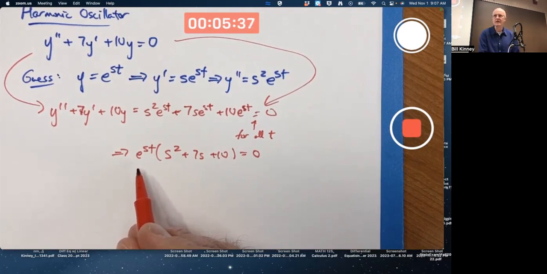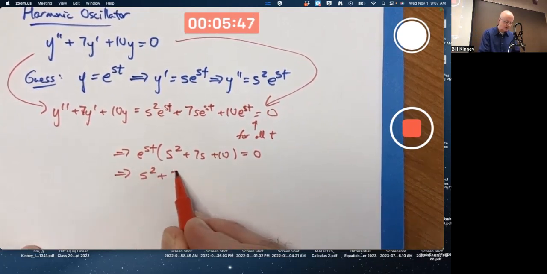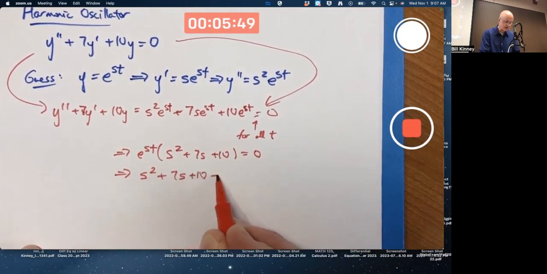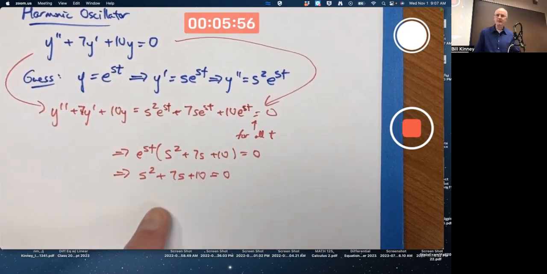Some people might argue e to the minus infinity is 0, but infinity is not a number for us. e to the st is never 0. So it's enough to say we want s squared plus 7s plus 10 to be 0, a quadratic equation in s that we can hopefully factor. Well, it's nice when we can factor it, and we can here. If all else fails, you can use the quadratic formula.